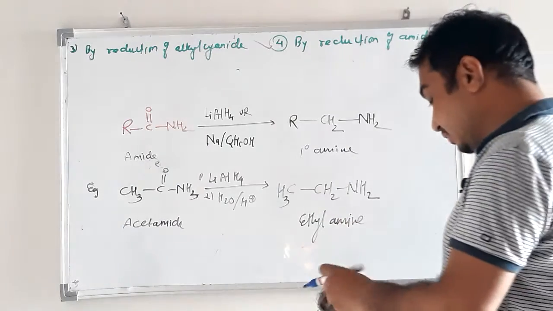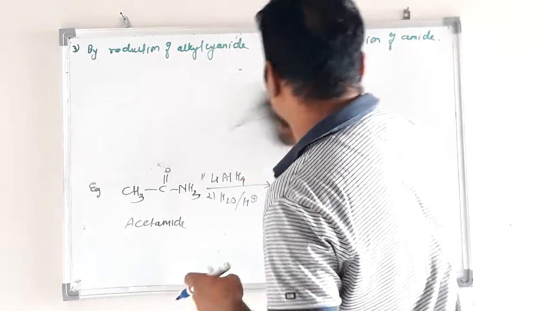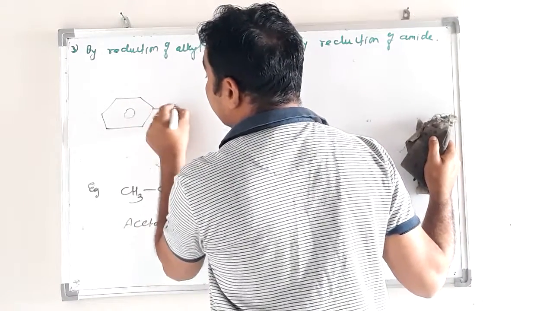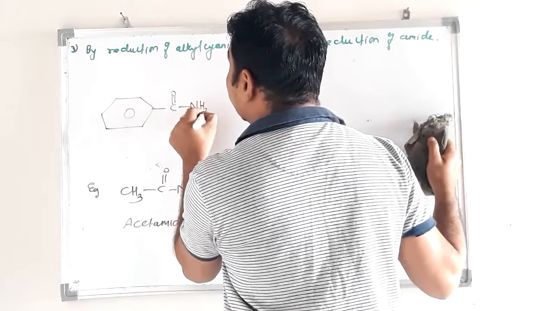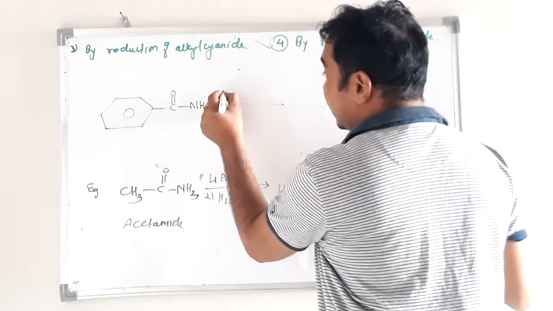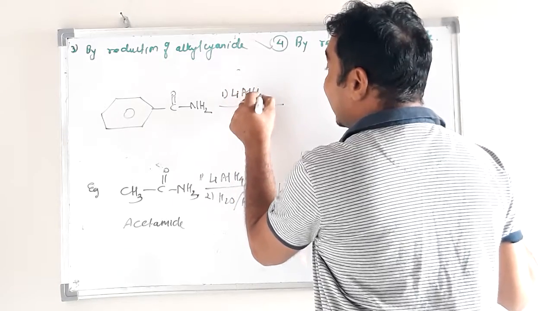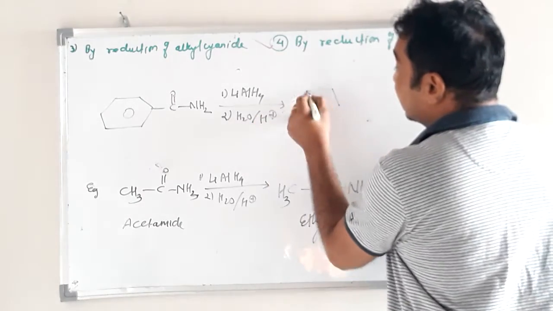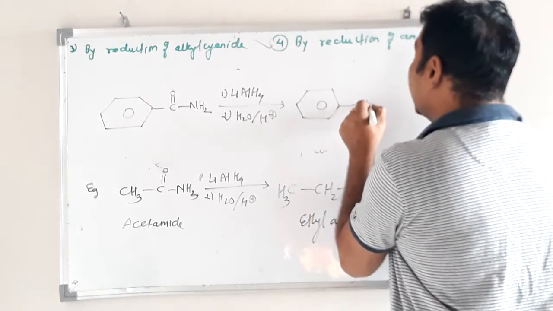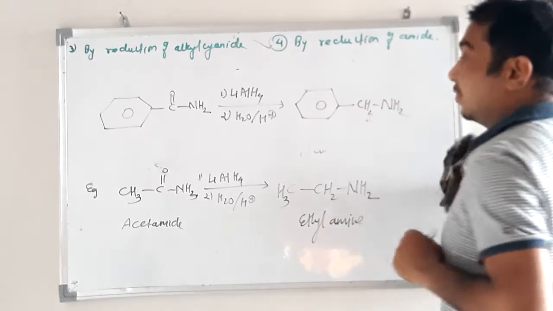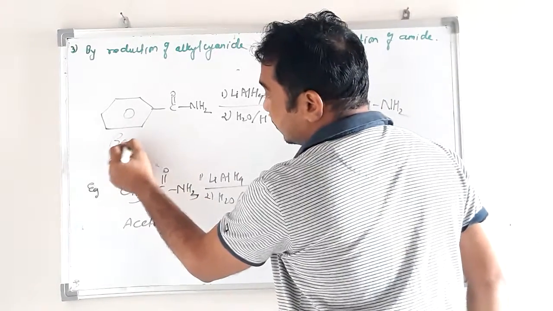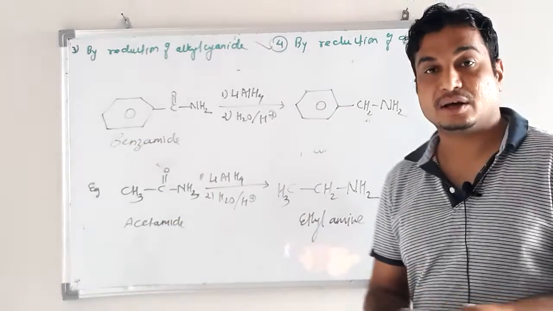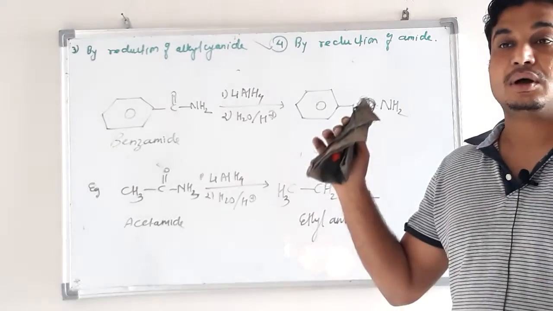If we take benzamide, an aromatic amide, benzene ring with CONH2, and treat it with this reducing agent, lithium aluminium hydride, and then hydrolysis, similarly what happens? CH2NH2. This is the amine formed. In this way we can reduce amide into amine.